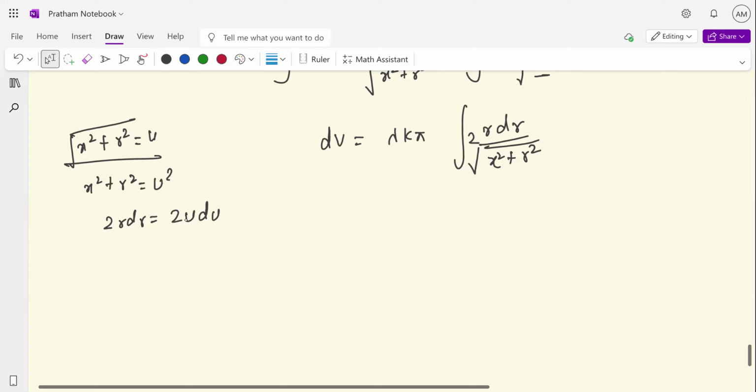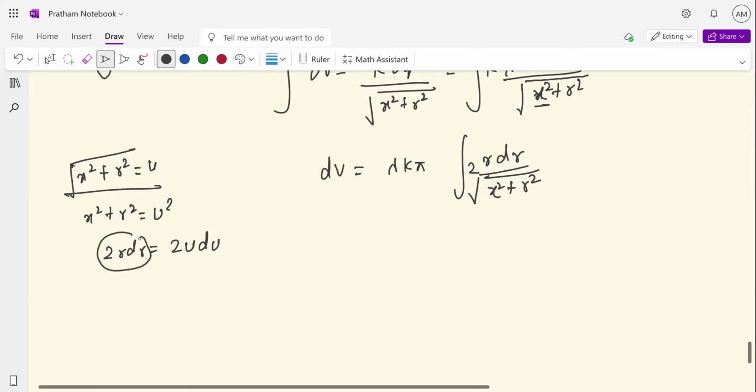What I have to do here is I need this part, right? Instead of this part, I can put this thing. Let's put it as lambda k pi divided by 2u du, divided by what I have, which is u square. Clear? Cancel out.